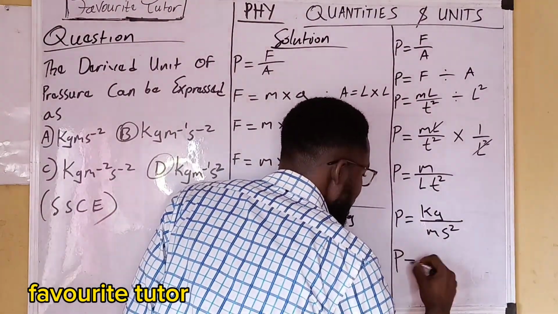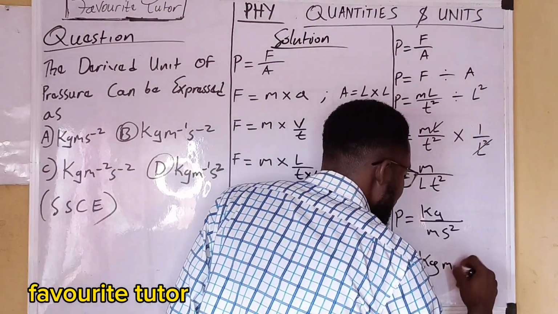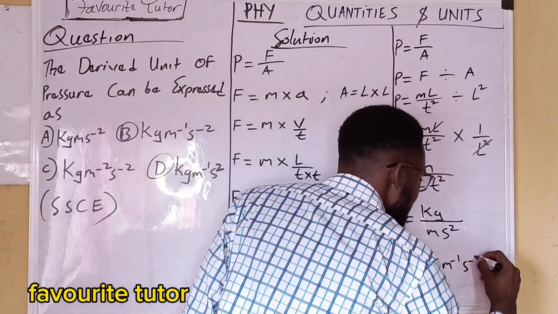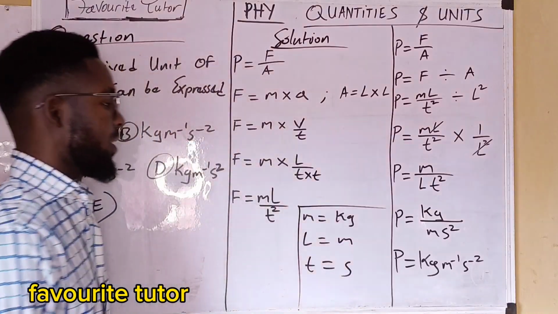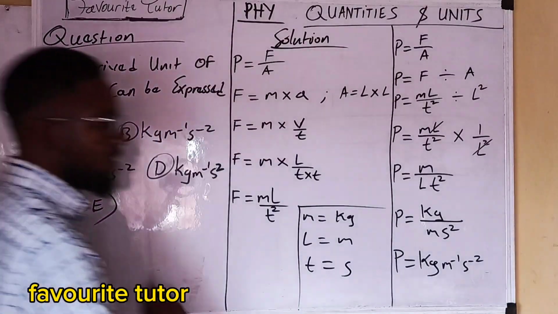So therefore, the derived unit is going to be kilogram per meter per second square. So, all right, the answer is B.